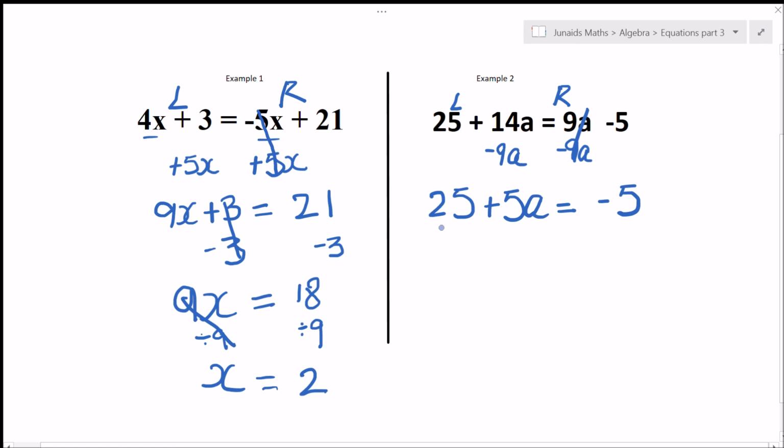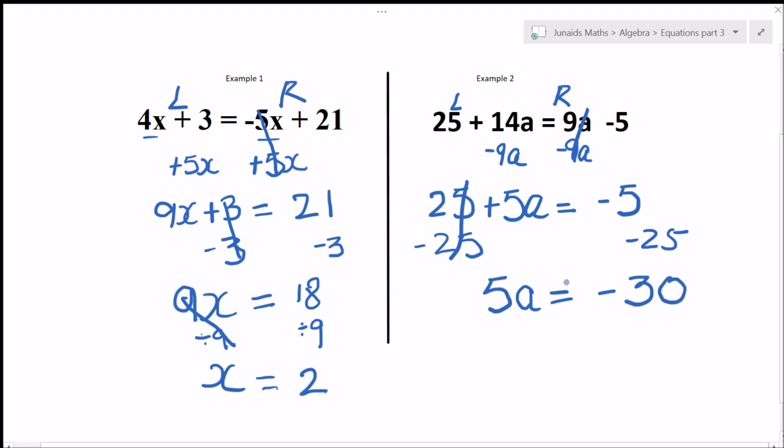Now, because this is plus, we're going to do minus 25 and minus 25. And what will happen here? As you know, it will be cancelled. That was our purpose. We are only left with 5a equals minus 30.